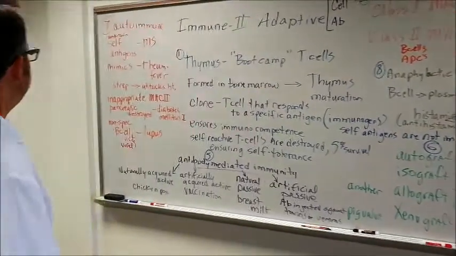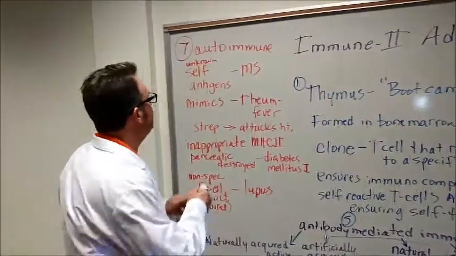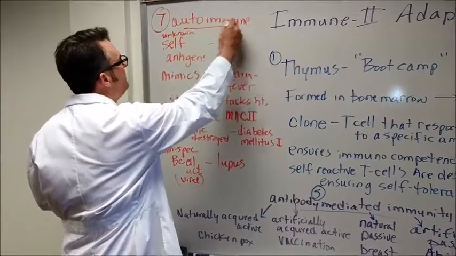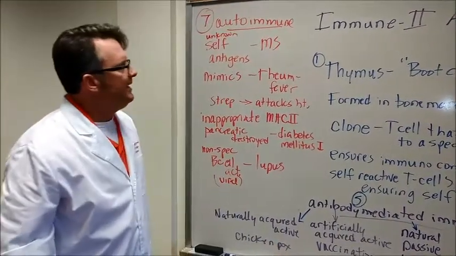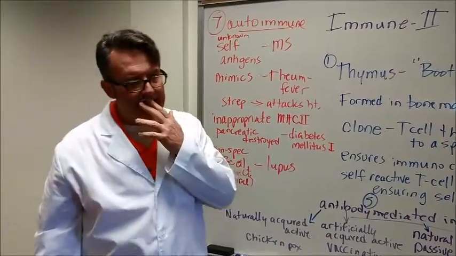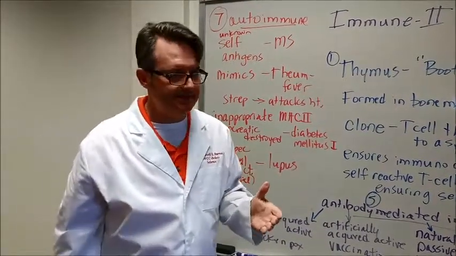Let's go next to autoimmune diseases. This is not necessarily a pleasant topic, and I don't really think this is incredibly well understood. Remember, I told you earlier about how T cells go through a boot camp in the thymus.